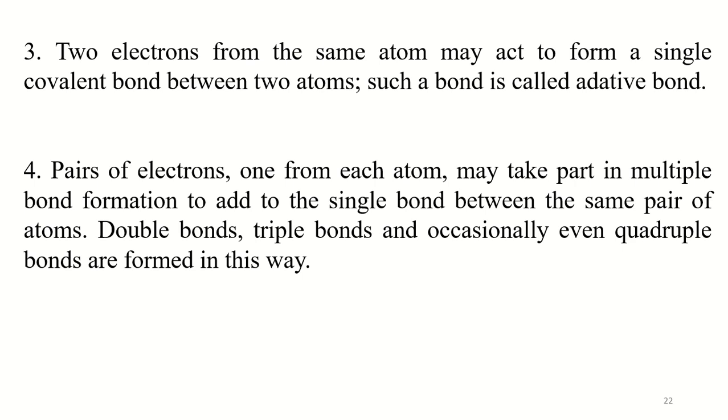The fourth one is pairs of electrons, one from each atom, may take part in multiple bond formation to add to the single bond between the same pair of atoms. Double bonds, triple bonds and occasionally even quadruple bonds are formed in this way.